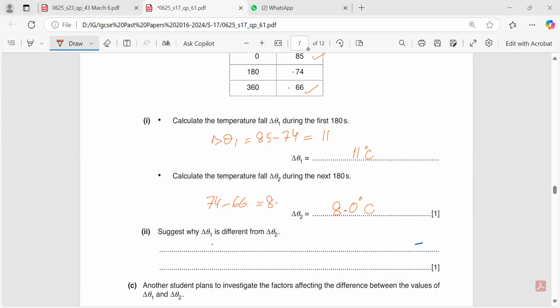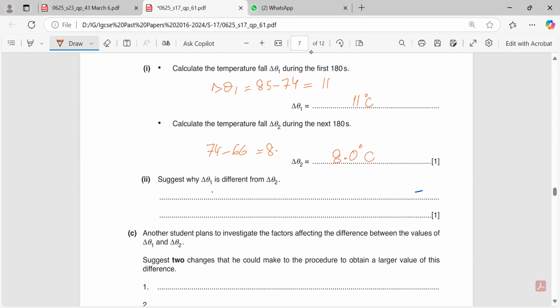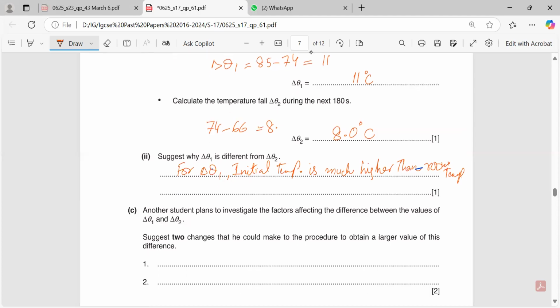Mariam, we can say like this, but a more suitable term you can say is that for delta theta 1, the initial temperature is much higher than room temperature. This you can say, difference of temperature more, so rate of cooling more.